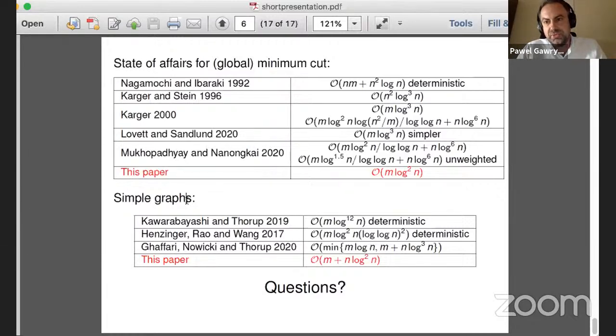Maybe there is a way to solve this in M times log to the power of K n, but I'm really not sure. Our method doesn't really generalize. Just for one respecting, there's a linear algorithm. It was given by Karger already, and for two respecting, now we have M log n. So maybe there is something that depends on the value of K, but we don't know that, and I'm not sure at the moment.